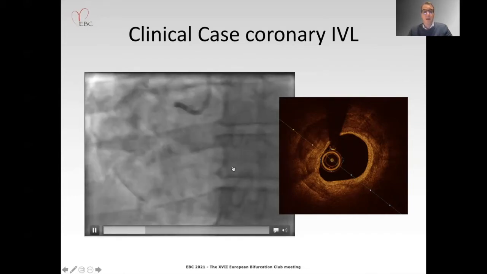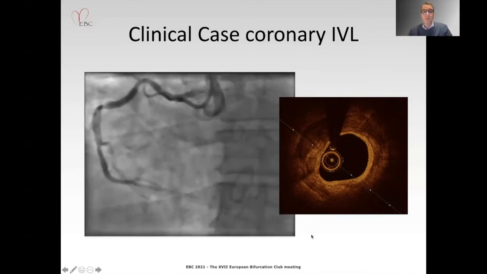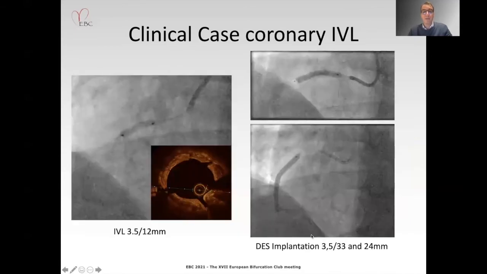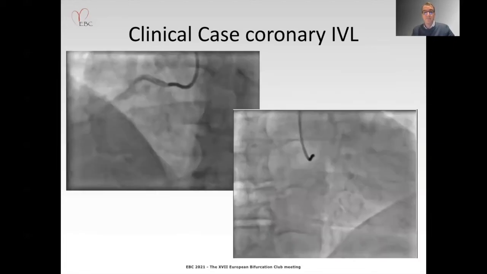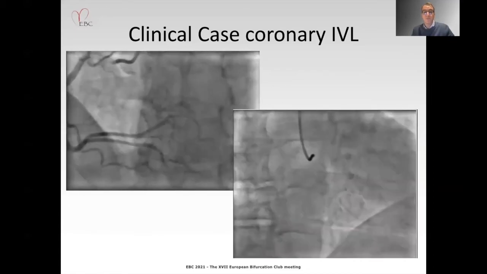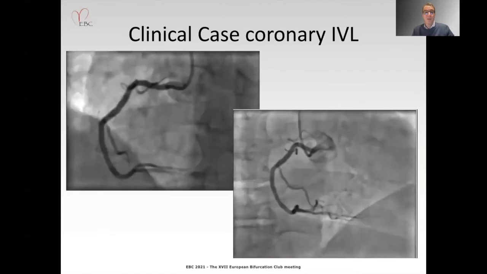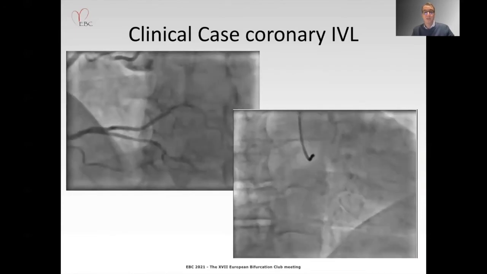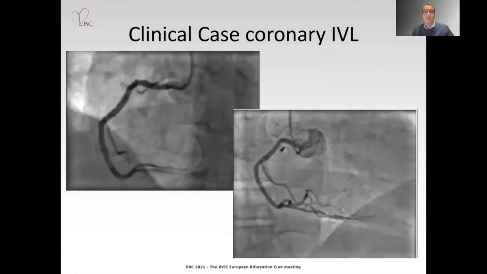And IVL treatment was then applied here in the severe calcified lesion, which results in a high compliance of the formerly stenosed vessel. So the IVL treatment leads to better vessel compliance after creating the microfractures, resulting in adequate stent expansion.